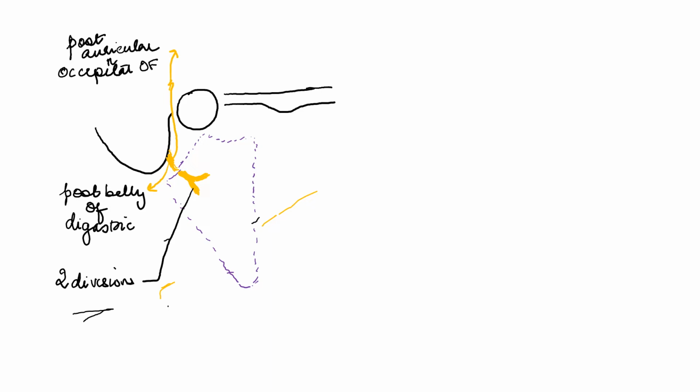The temporofacial division gives rise to its first branch, which goes across the zygomatic arch. This is the temporal nerve, which we saw earlier, which supplies the frontalis, the corrugator supercilii muscle, all the muscles which are there on the forehead.